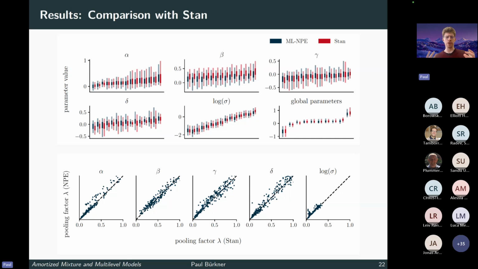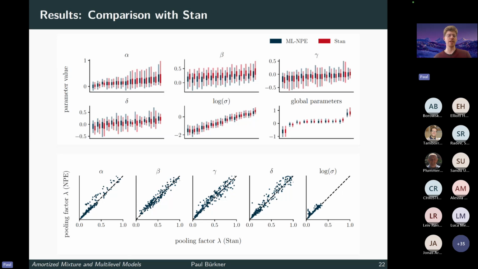So one reason why we do multi-level models often is not only because the factorization is nice, but also because we don't want the local parameters to be informed just by the local data, but we actually want to share and pool information across all the groups. So we want to have some shrinkage of all of the groups' parameters together. So we need to investigate if this amount of shrinkage is comparable or matching what we want to have.